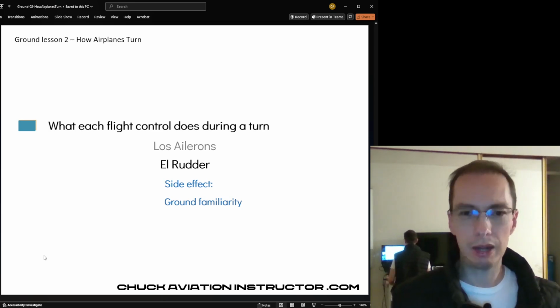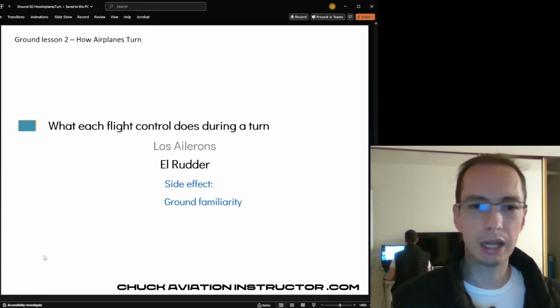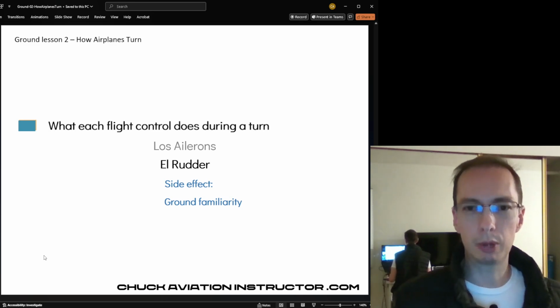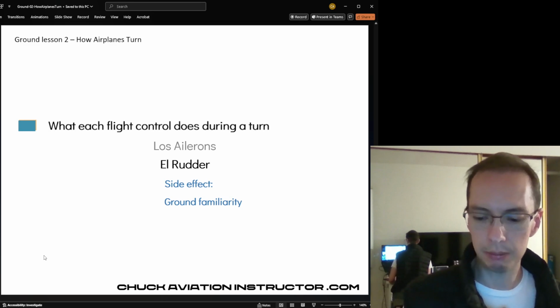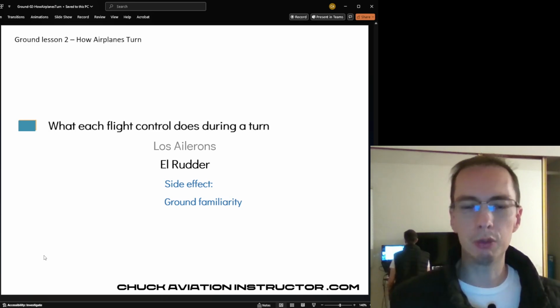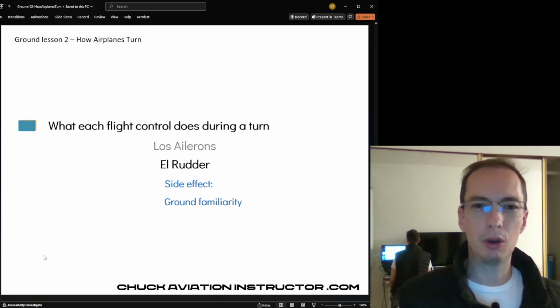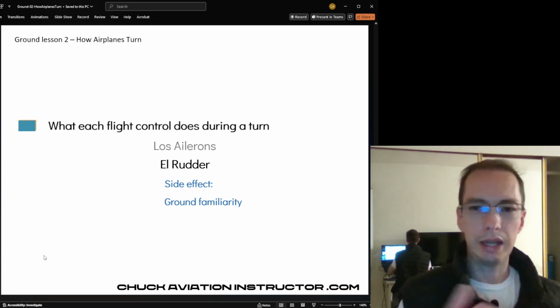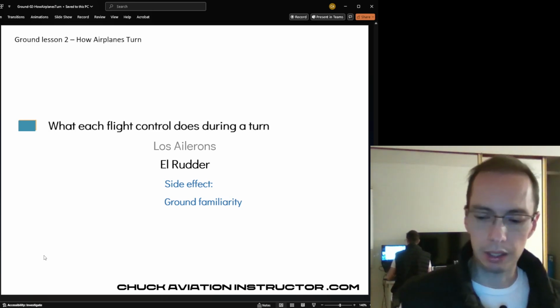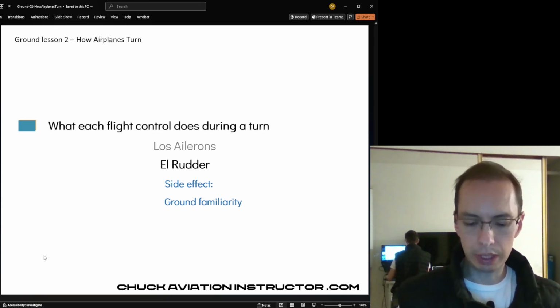When do you use the rudder? Every time you use ailerons. The side effect of rudder, well, using the rudder can be misused because of ground familiarity. We did mention that, we as humans, we spend most of our lives in a two-dimensional plane, moving on the ground, steering only in X and Y. And airplanes, on the other hand, are three-dimensional animals.